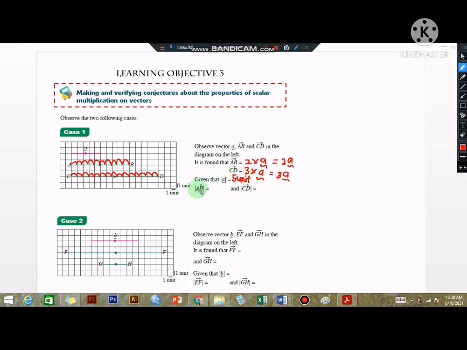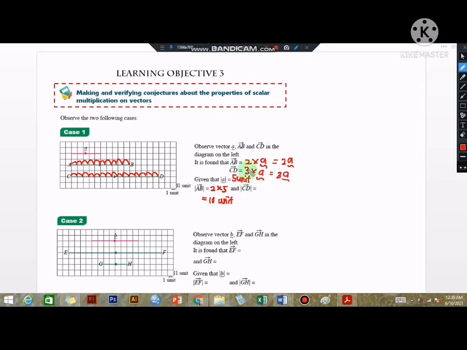Now let's look at the magnitude of vector AB. You just need to look at this one. It is 2 times vector A, isn't it? So the magnitude is 2 times 5, then your answer is 10 unit. Let's look at the magnitude of vector CD.